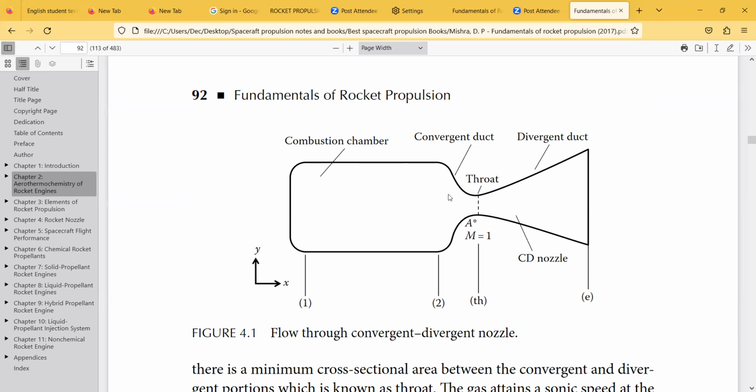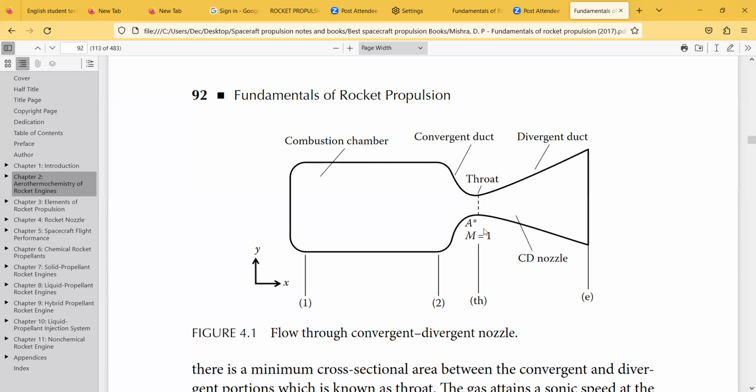Okay, the pressure and the velocity are inversely proportional. If there is high velocity, pressure is less. Okay, so this is the convergent region. And at the mean position, there is a very narrow section of the nozzle known as the throat. At the point of the throat, the Mach number is equal to 1.